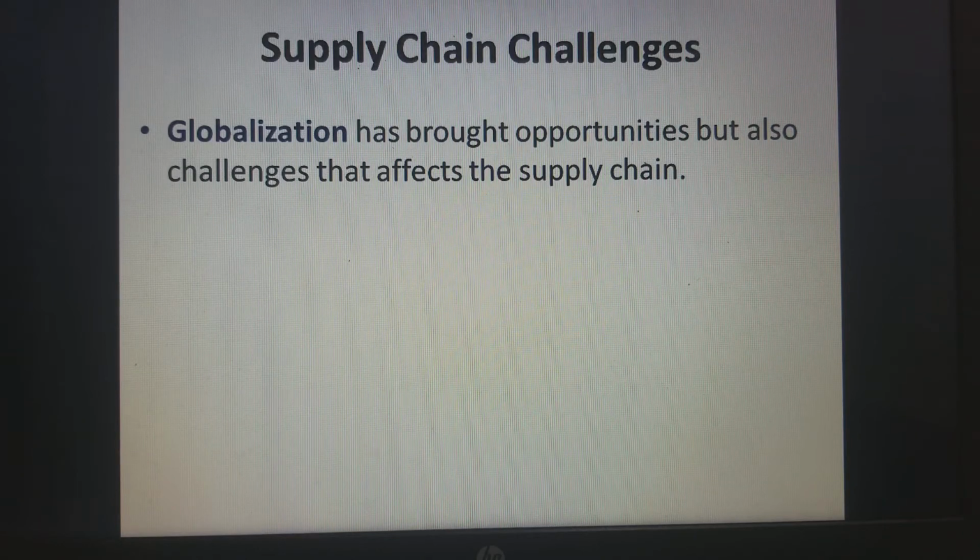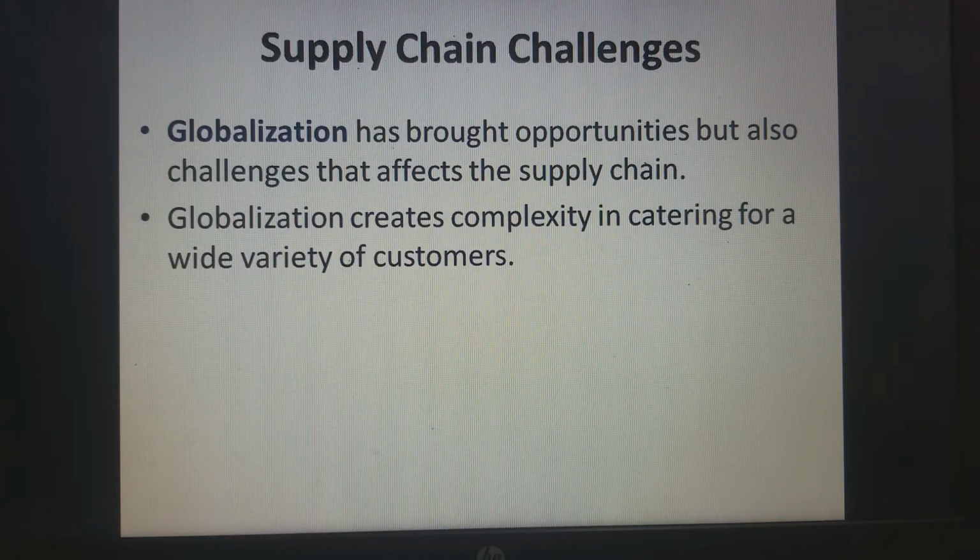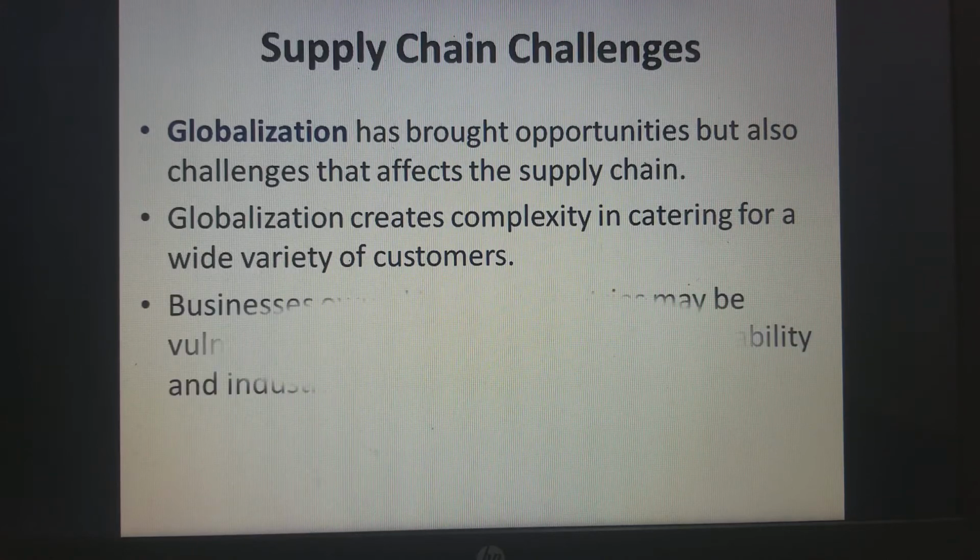Globalization. Now we're looking at the challenges here. Globalization has brought opportunities, but also some challenges that affect the supply chain. What are those? Well, globalization creates complexities. So as things expand, there are greater complexities to maneuver in catering for the wide variety of consumers.